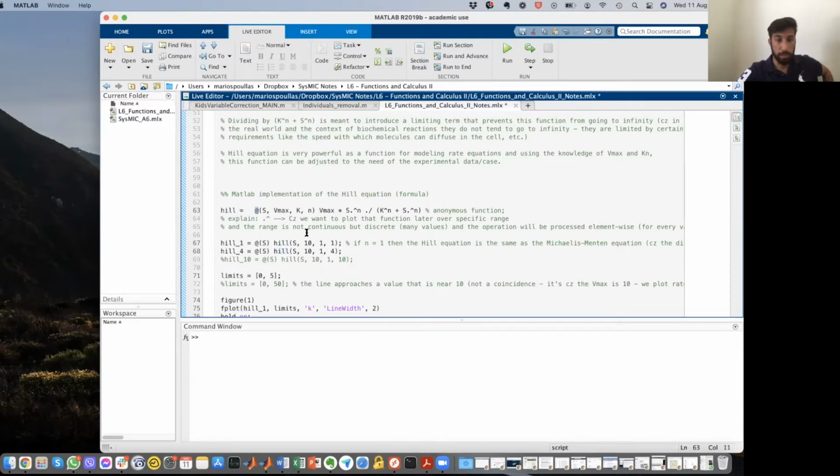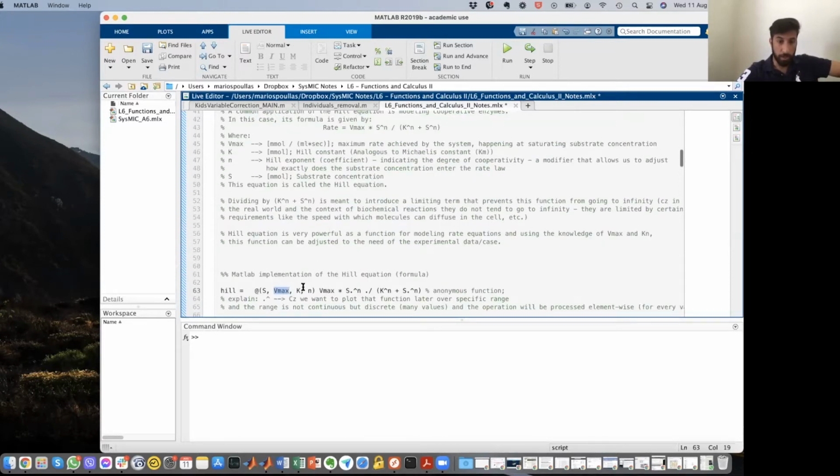Here, we are mentioning the variables, the values that we are going to use, which is S for substrate, Vmax for the maximum rate, K for the Hill constant, and N, the Hill exponent. And then we are just typing the equation.